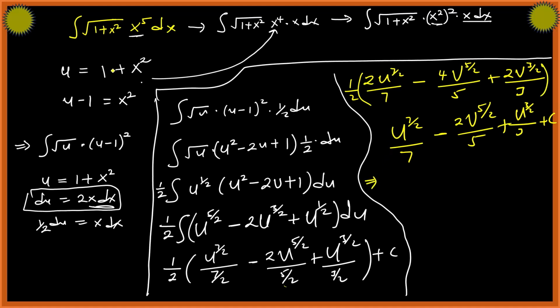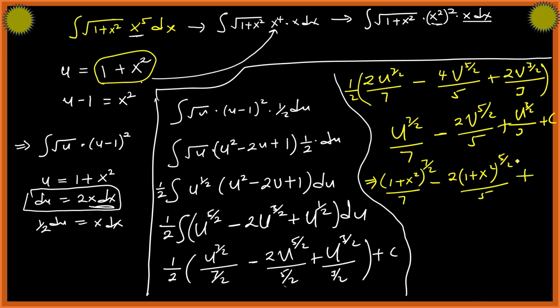We have u as 1 plus x squared, so we can do the substitution. 1 plus x squared to the power 7 on 2 over 7 minus 2 times 1 plus x squared to the power 5 on 2 over 5, plus 1 plus x squared to the power 3 on 2 over 3, plus c. Okay, so that is the result.